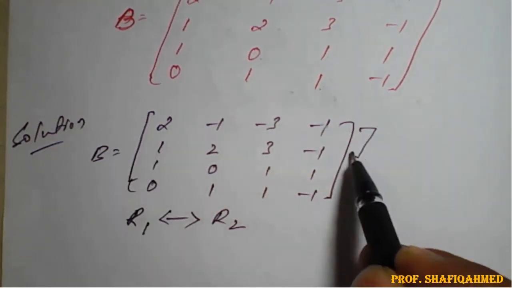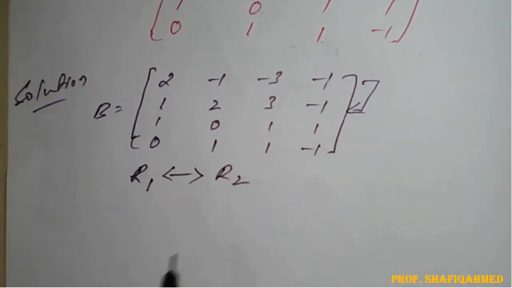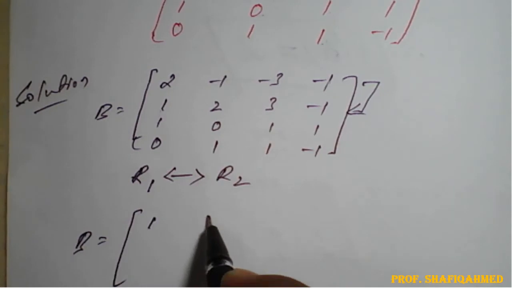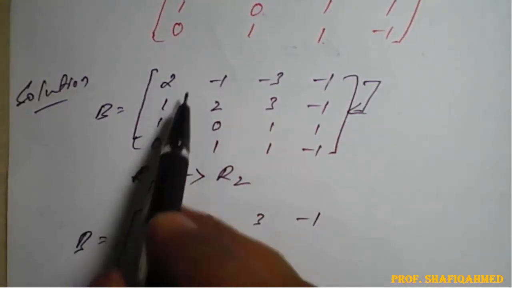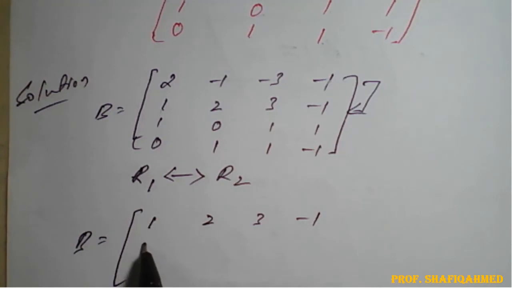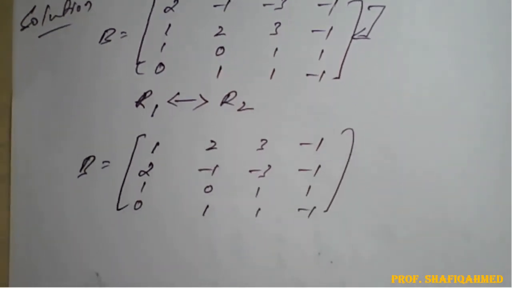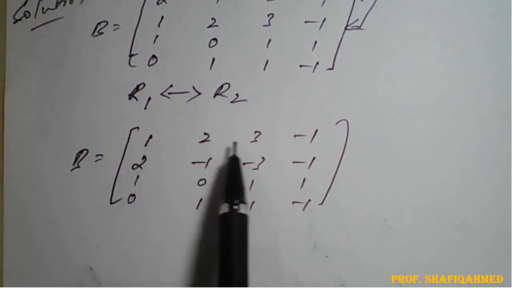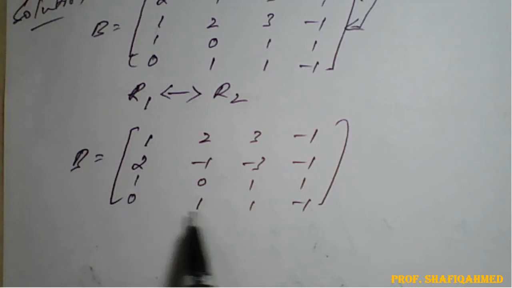So matrix B will become: second row will become first, that is 1, 2, 3, minus 1, and first row will become second, that is 2, minus 1, minus 3, minus 1, and third and fourth as they are, 1, 0, 1, 1 and 0, 1, 1, minus 1. So only the first and second are interchanged, the remaining rows stay as they are. Now this will be considered as row 1, row 2, row 3 and row 4.